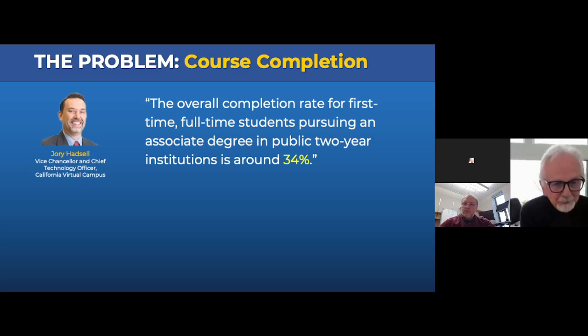And they worry about completion rate because many students are time challenged. The completion rate in full-time, first-time students is about 34%. That means that not everyone is getting the full advantage of the educational opportunity here. And some of the reasons that they don't is because they are time challenged. They have jobs, they have families, they have other responsibilities.